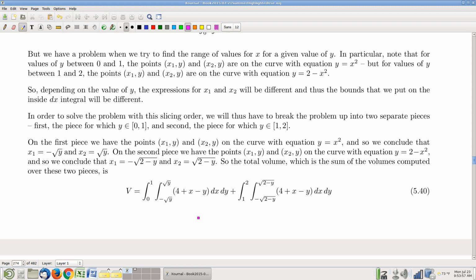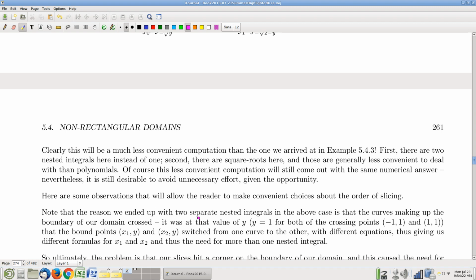If you make that choice, you're very likely, half the time, going to be forcing yourself to do something that's much harder. Furthermore, if you do end up choosing to do one that's much harder, it pretty much exposes that you don't know how to do it the other way, right? Which is not a good thing. So you really have to make good choices on this kind of thing.